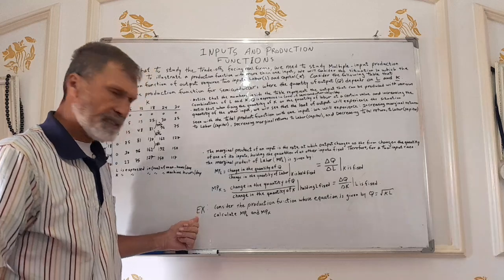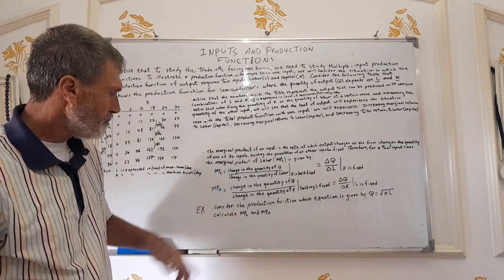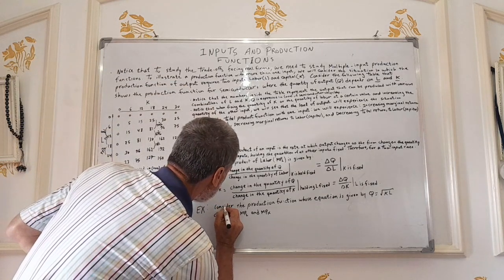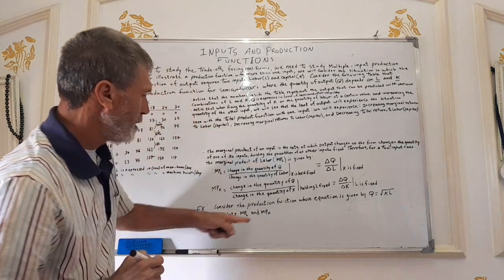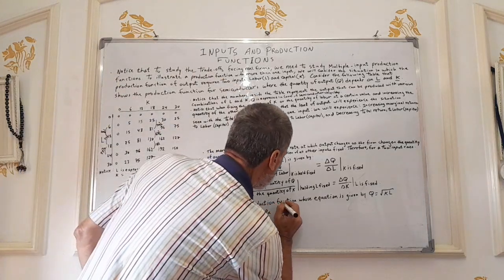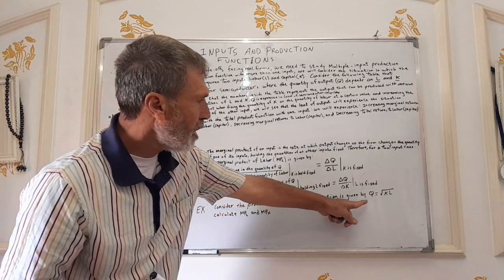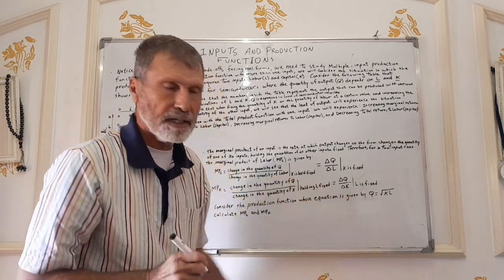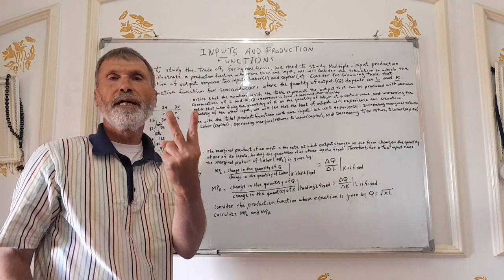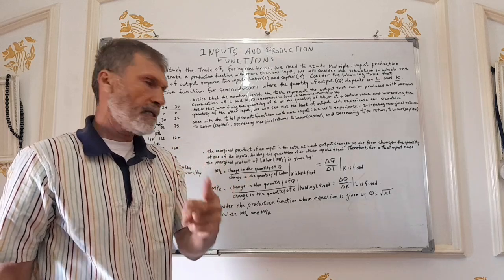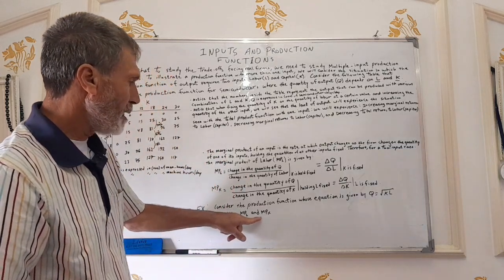Now, here we have an example. Consider the production function whose equation is given by Q equals the radical of KL. So it is a function of two inputs, namely capital and labor. Calculate MPL and MPK.